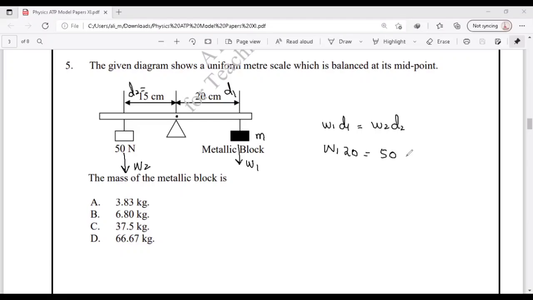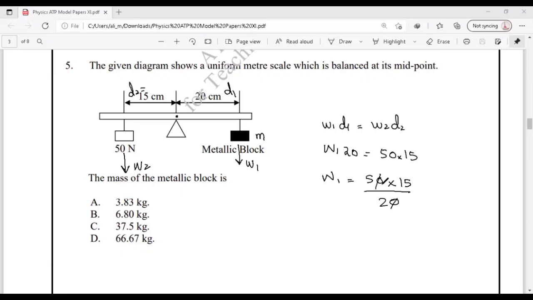W2 is 50 newtons and D2 is 15. So W1 will be equal to 50 multiplied by 15 divided by 20. So 0 and 0 will be cancelled out.